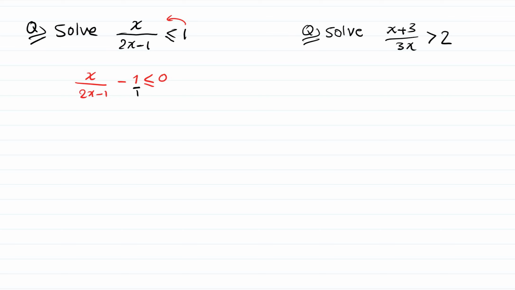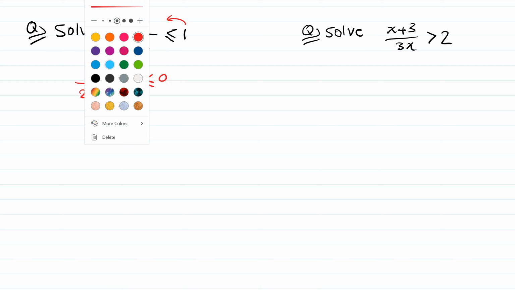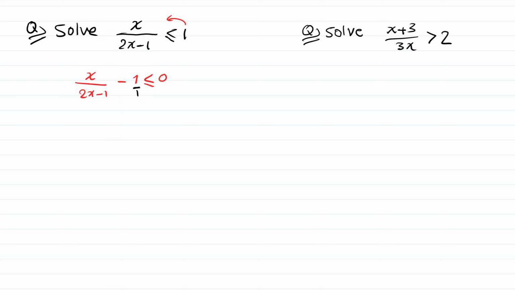In order to find the common denominator, you need to multiply this 1 by 2x minus 1, numerator and denominator. So we get x over 2x minus 1 minus 2x minus 1 over 2x minus 1, less than or equal to 0.